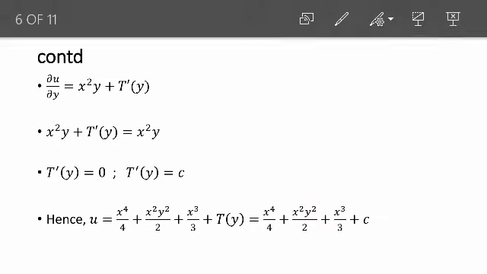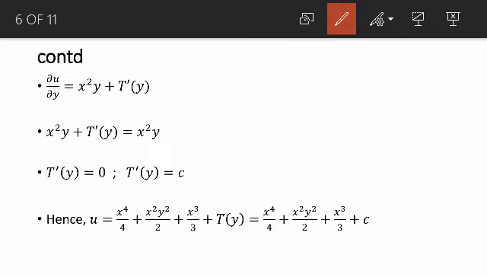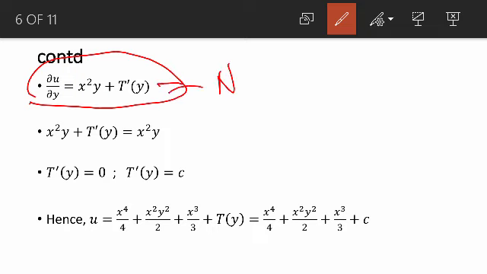Now if we continue from there, you can see that du/dy is this, just like we saw, x squared y plus t prime y. But du/dy is also N, if you remember, and our N is x squared y.